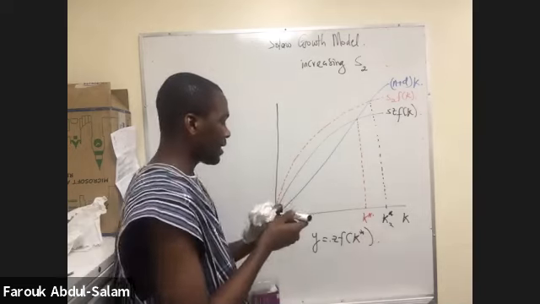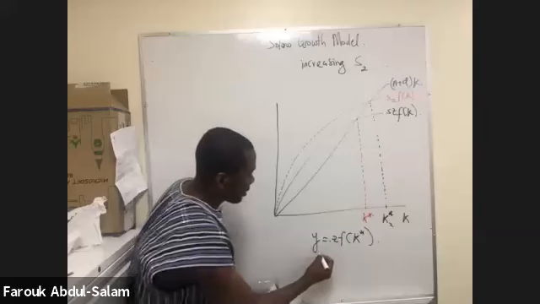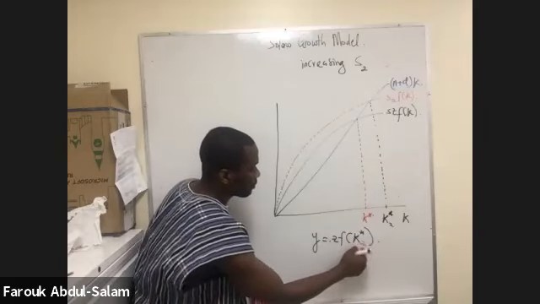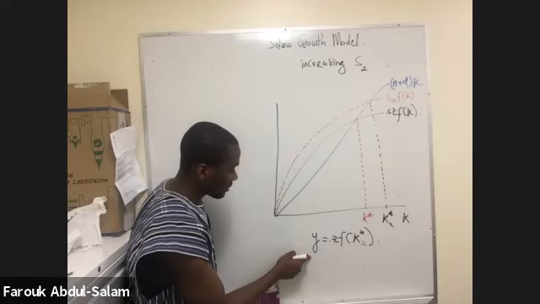What happens to Y under this K2? Anyone to help me? It goes up, increases. Exactly, it goes up, right?